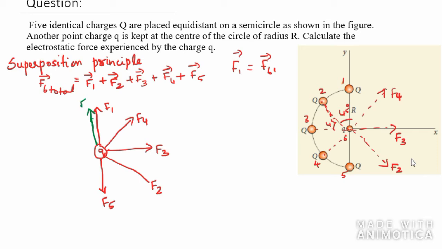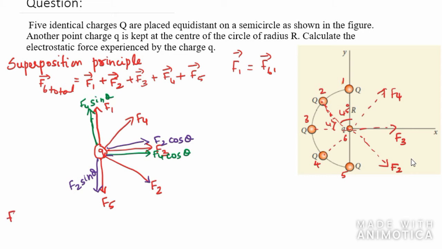For F4, the components are F4 sin theta and F4 cos theta, and for F2, again pointing down, F2 cos theta is the horizontal component and the vertical component is F2 sin theta. Now we have to find the sum of all these forces.